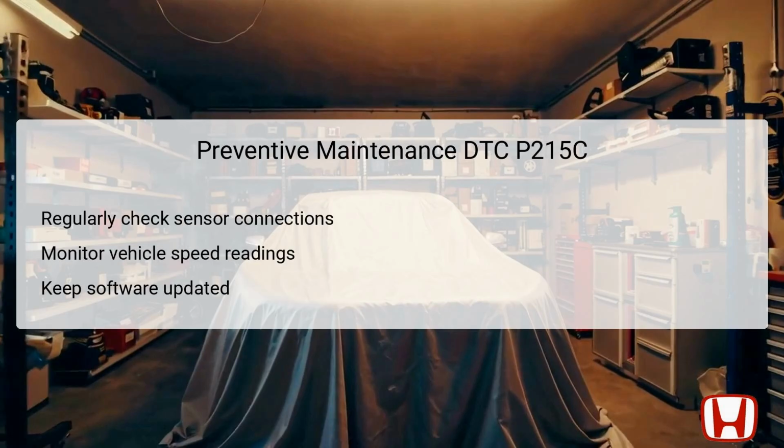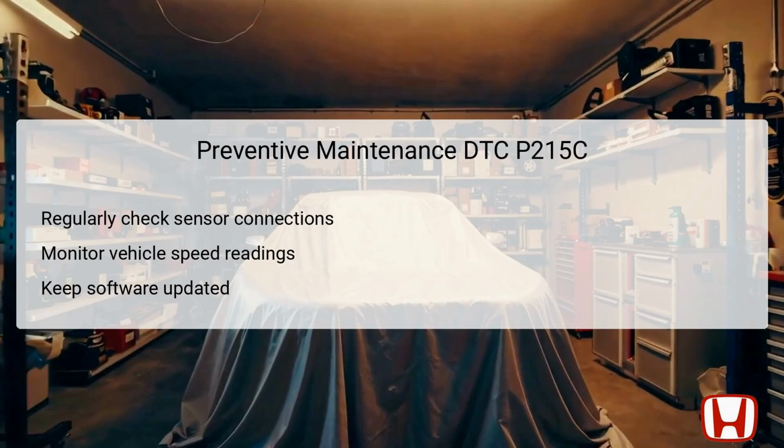Preventive maintenance is essential in reducing the likelihood of encountering DTC P215C in the future. Regularly checking the connections of the output shaft speed sensor and vehicle speed sensor can prevent potential wiring issues or loose connections. Vehicles should be monitored for any discrepancies in speed readings to catch potential failures early.